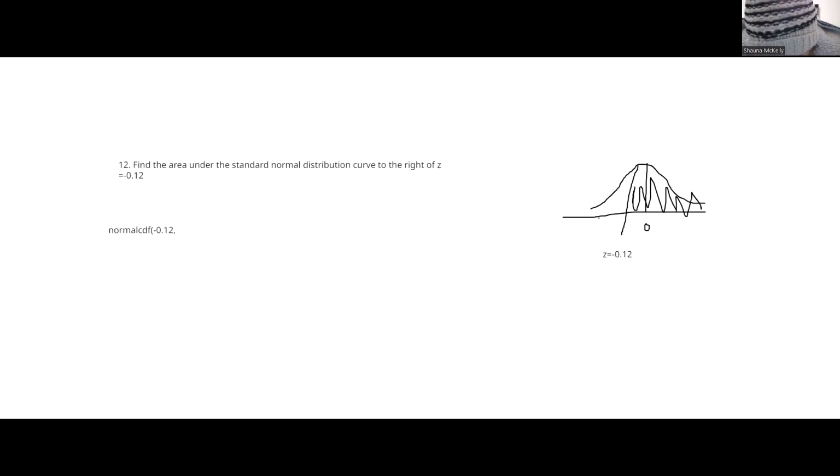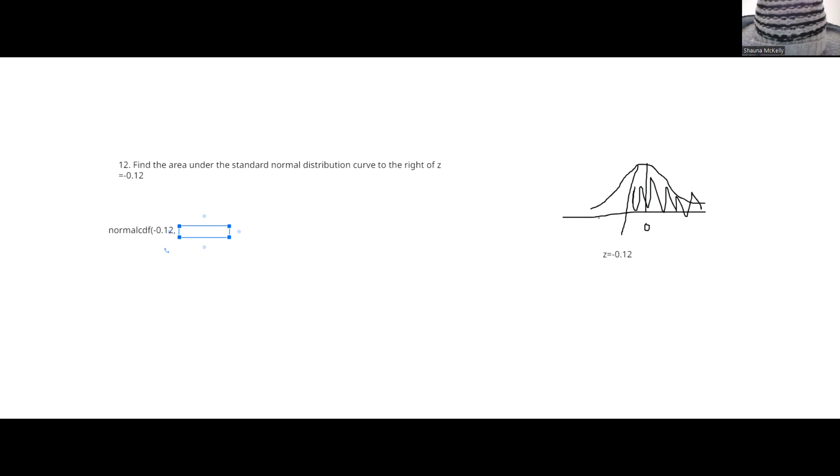The way we write infinity is we say E99. Our shorthand is E99. So we're going to write E99.